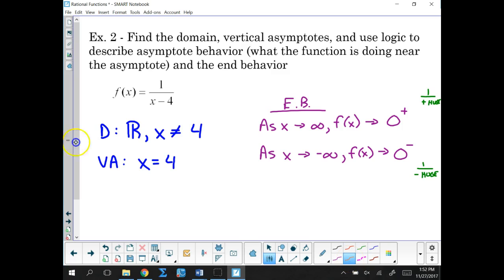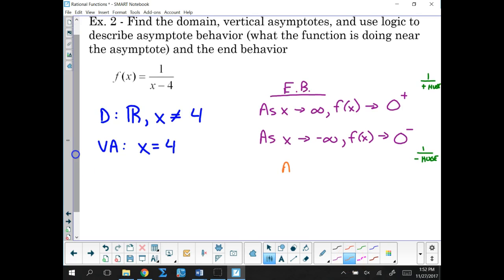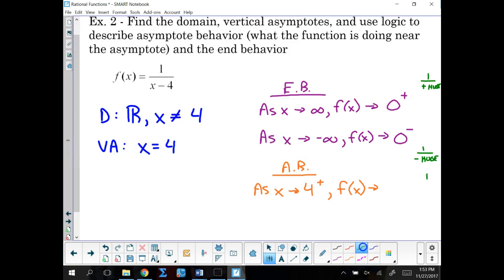Asymptotal behavior. As x goes to 4 from the right, my function is going to go to, well, here now, that's going to be 1 divided by, if I'm on the right side of 4, like 4.1, right? 4.1 minus 4 is going to be 0.1, positive.